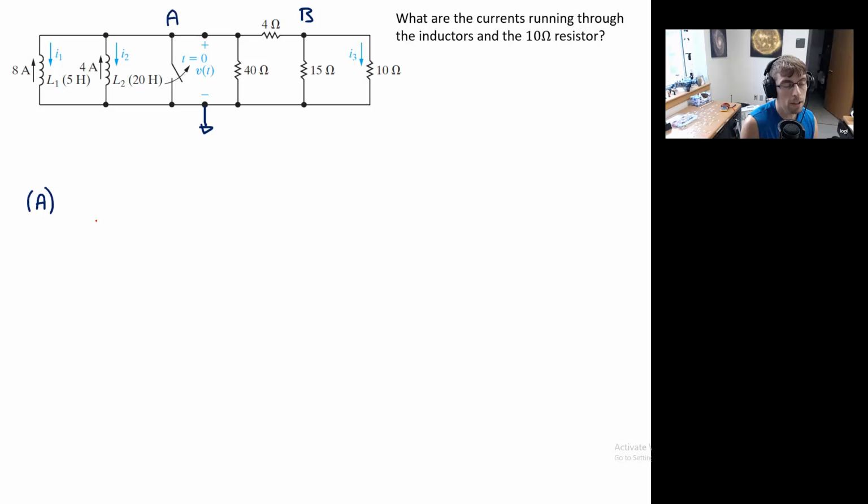Namely, we're given I1 and I2, so I'm going to go ahead and use I1 plus I2. Now you notice I've put plus signs in because of the directions indicated for I1 and I2.